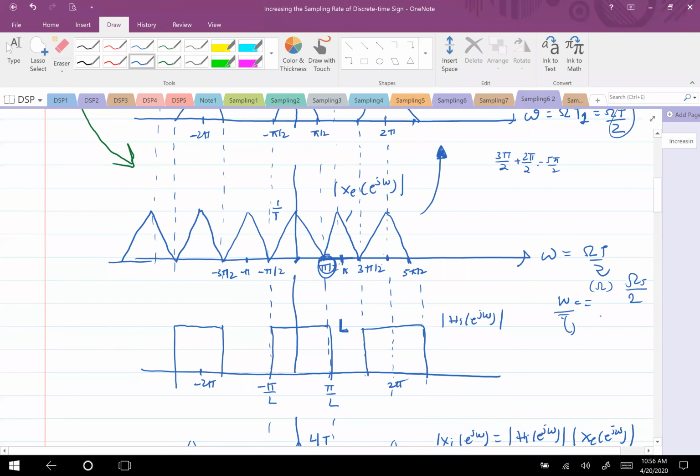In terms of the cutoff here, that turns out to be 2 pi by T into T by 2. So essentially that would give you pi by L, the one copy you are getting here.